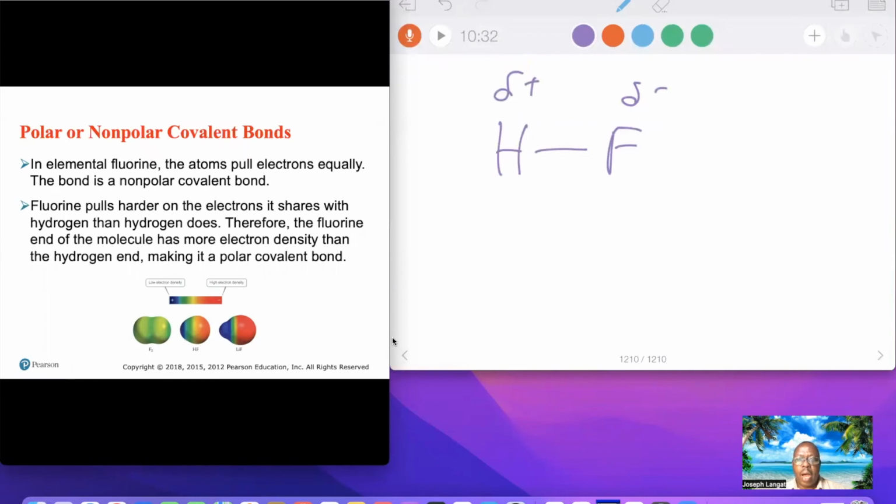Do I have to memorize only the three molecules given in this slide? Nope. All you have to know is the trend on electronegativity.